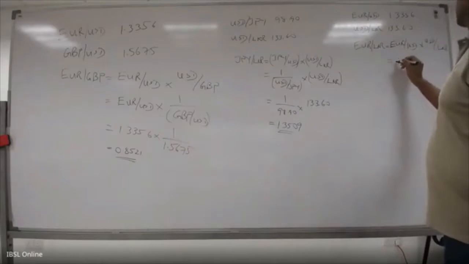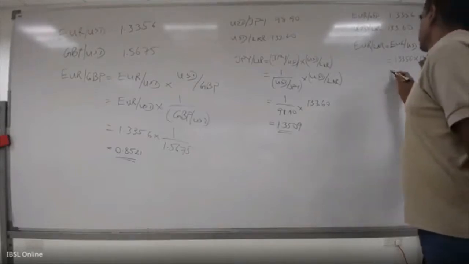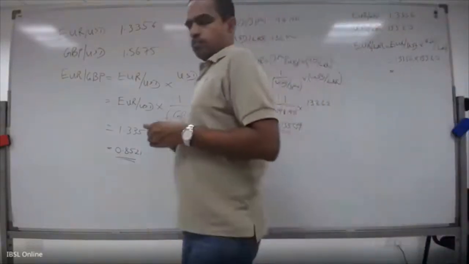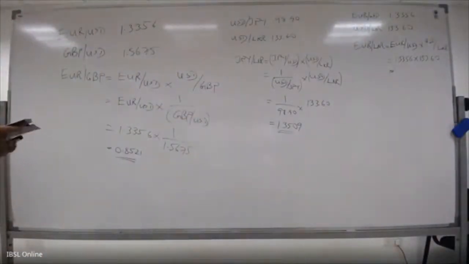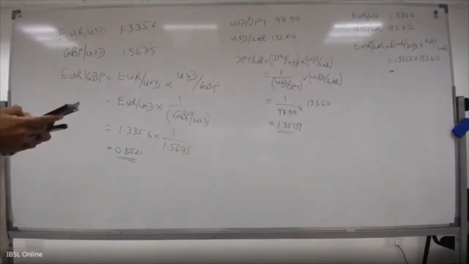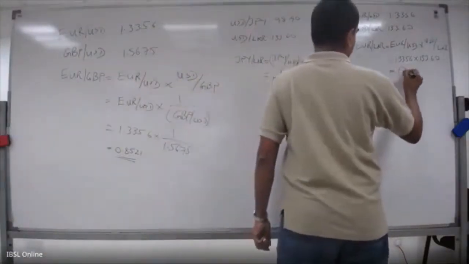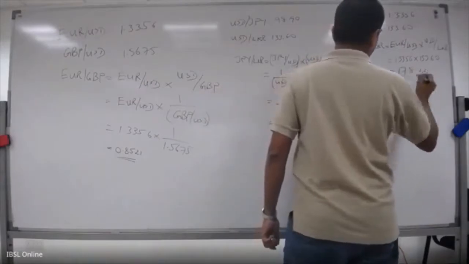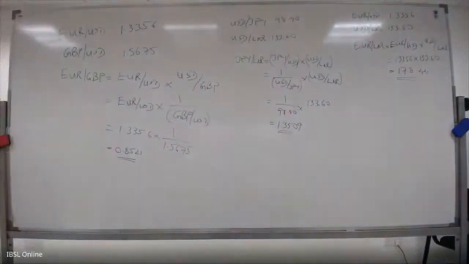Euro dollar 1.3356 into dollar rupee 133.60 gives 178.44.